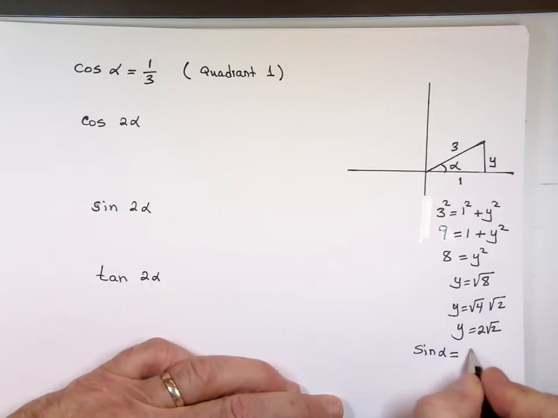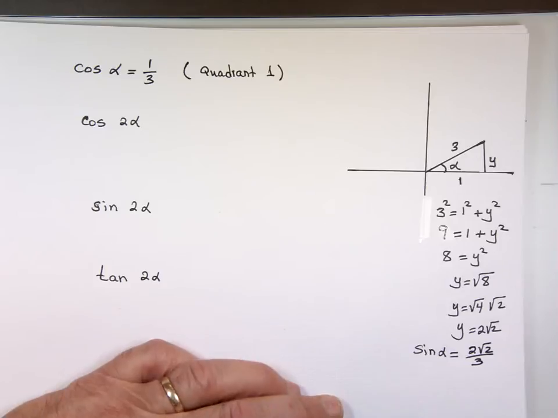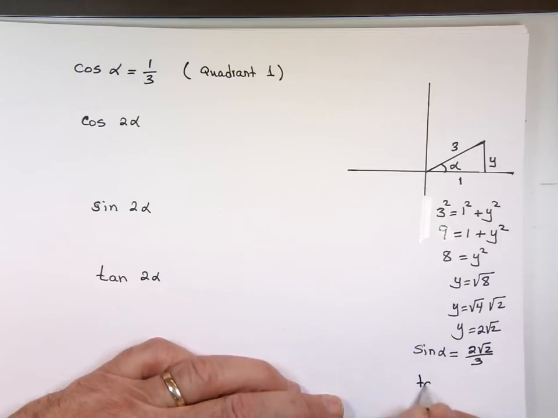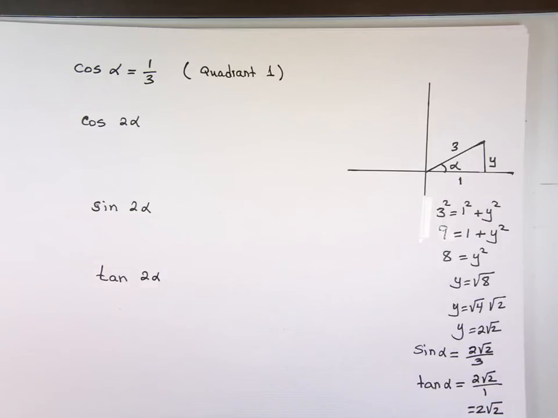Hypotenuse. Tangent, opposite over what? The adjacent, which is 2 the square root of 2. So I know what the sine is and I know what the tangent is.